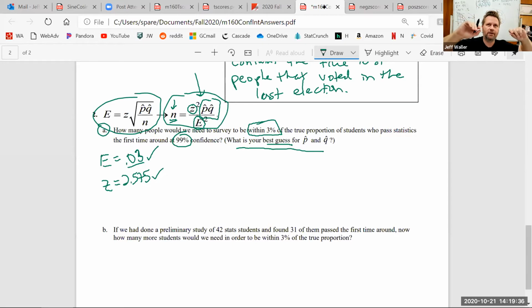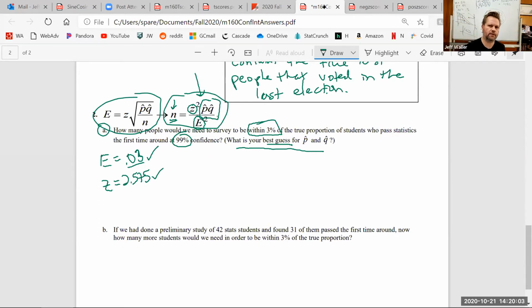Sort of like the example I used to give: pretend we're in a classroom, and I said, what percentage of the people in the next classroom are women? Well, best guess is 50%. Here's something even better. If there is something I'm not sure about in my problem, in this case, I don't know what P hat and Q hat are, should that make me take more of a sample size or less?